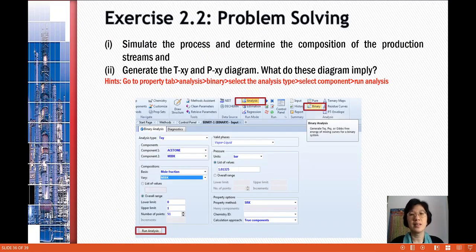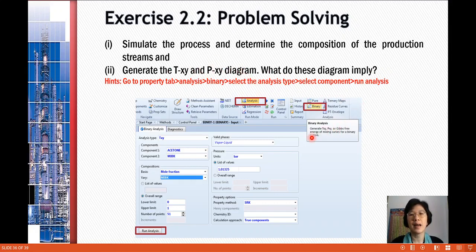Your task, as stated in the question earlier, is to first simulate the process and determine the composition of the product. And then you have to generate the TXY and the PXY diagram. Sorry, you have to generate both.